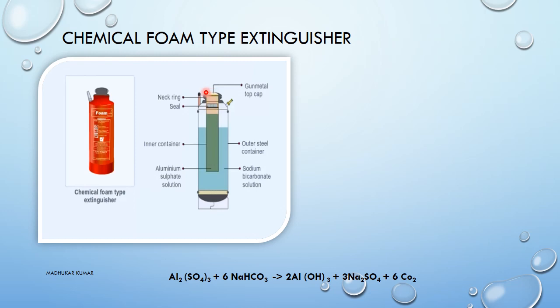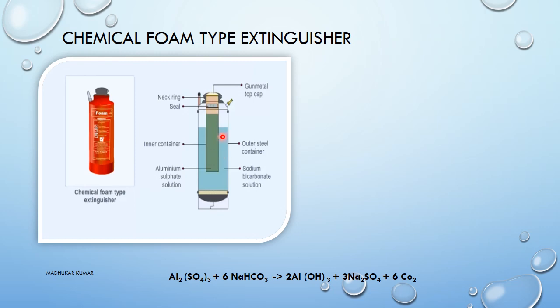Here you can see the structure. You see the gunmetal top, then this is the seal, and there are two containers, an internal container and an outer container. The internal container contains aluminum sulfate solution, and the outer container contains sodium bicarbonate solution.